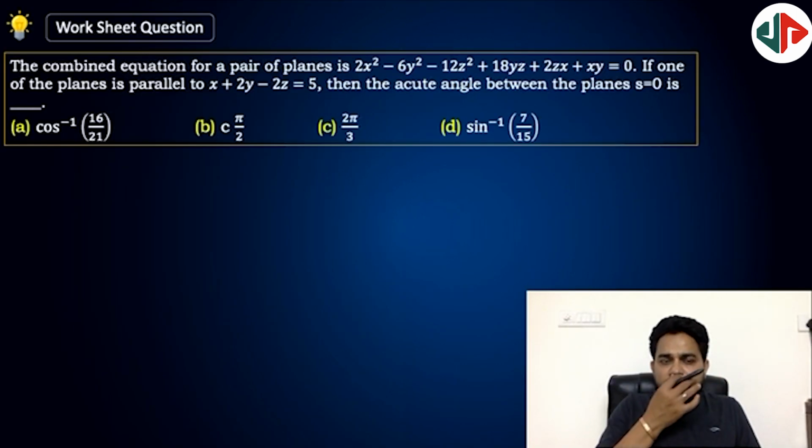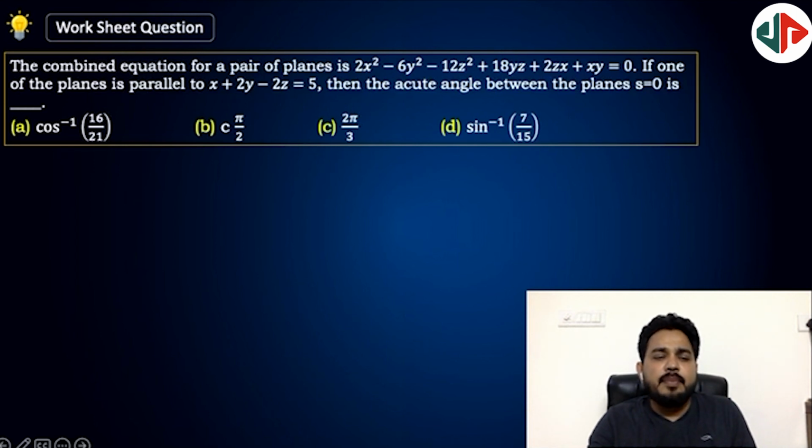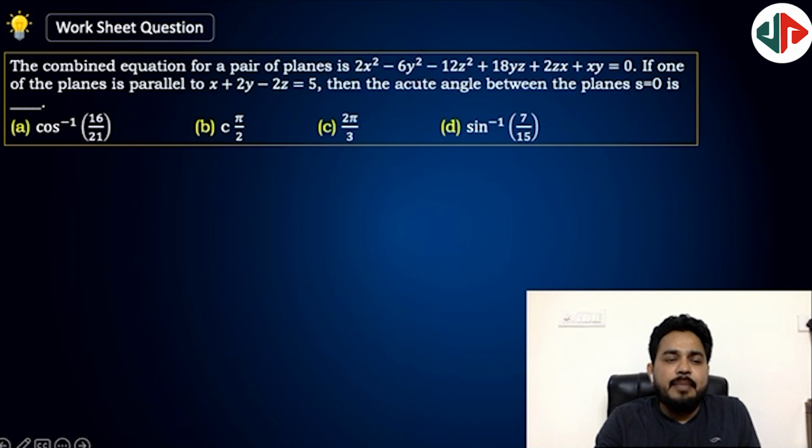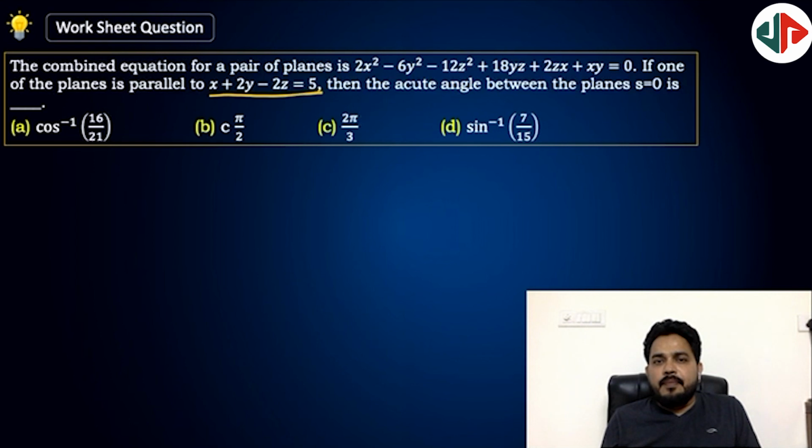The next question: the combined equation of two planes is given and we are supposed to find the angle between them, and one of the planes is parallel to x plus 2y minus 2z is equal to 5.